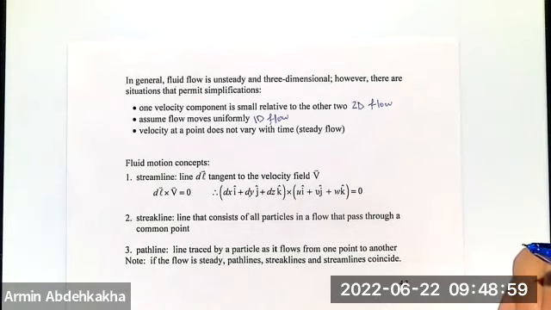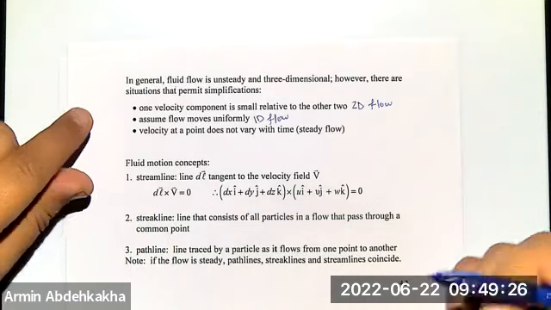But if the flow is steady, it means that nothing is going to change over time. Then the path line that a particle passes, because it should not change over time, and also the streamline are merged, and it could be one line and one equation. We'll talk about it later.